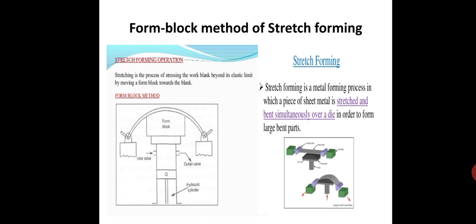And the next method is the matting die method. In the stretching operation, first of all we saw the form block method. In the form block method, there are two types: one is the form block, and the other is the stretch forming method. And the second type is the matting die method. Let's see the picture.